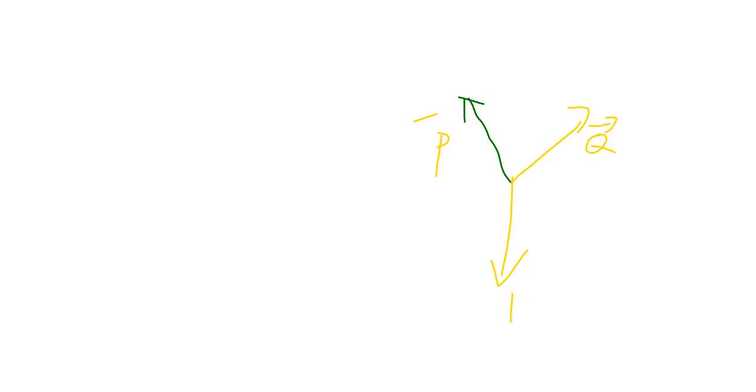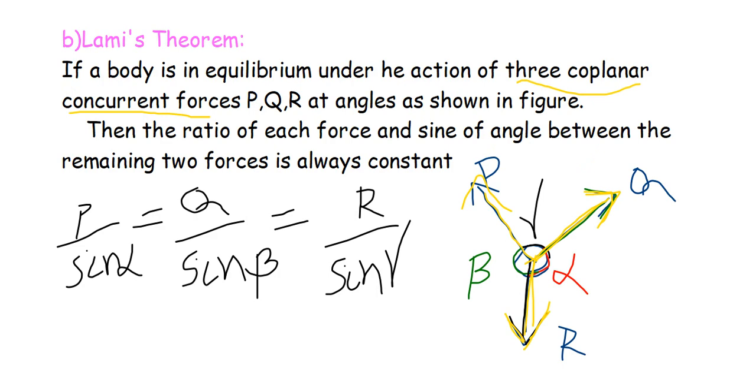They all intersect at a single point. So here the force, this is the force P. This is the ratio of each force and sine of angle between the remaining two forces.